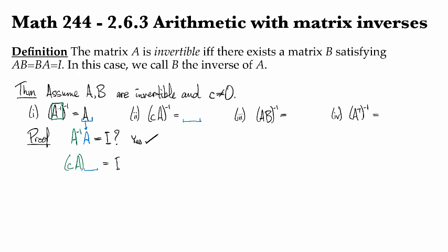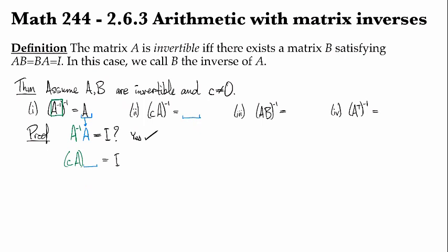And what about the product? The inverse of AB should be the thing that you put next to AB. So the inverse of AB is going to be the thing that goes in the blue blank right here, so that when you multiply these out, you get the identity.